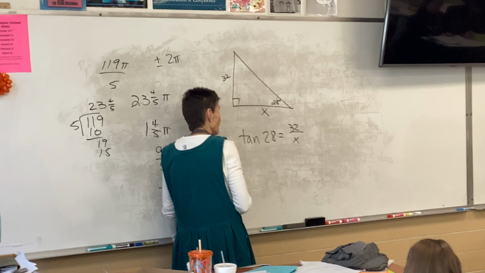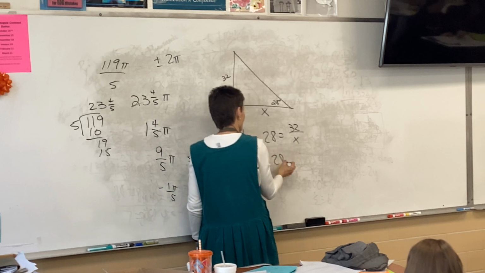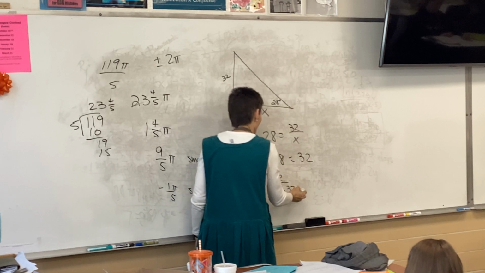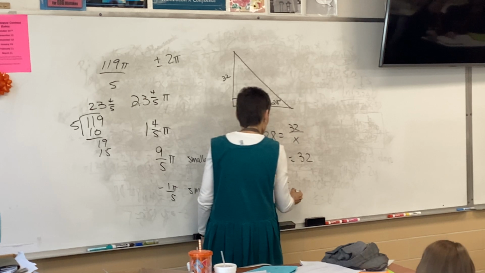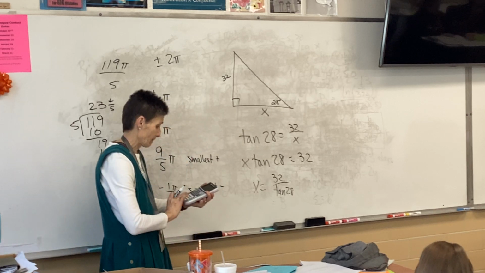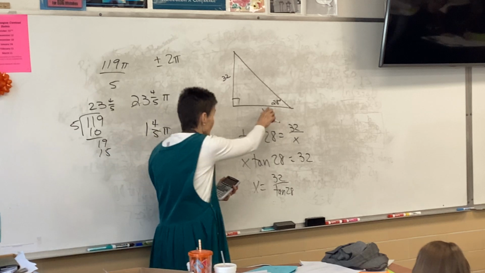Don't be messing up this equation. Multiply by x and divide by tan 28. There are no points for skipping steps. If you want to skip steps, it's fine, but don't mess it up. Make sure your calculator's in degrees, by the way, because that's a degree measure.